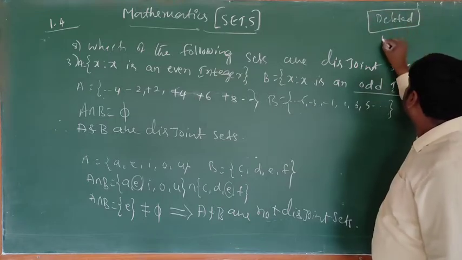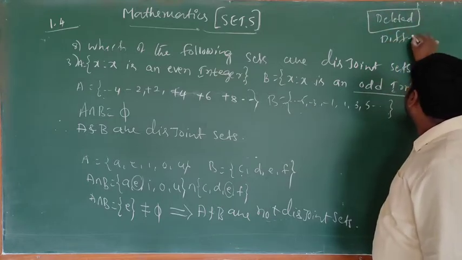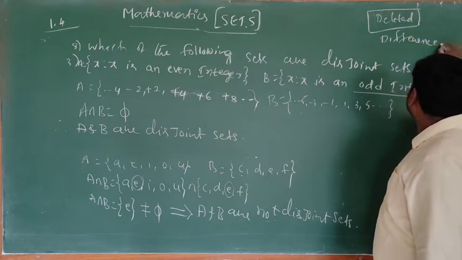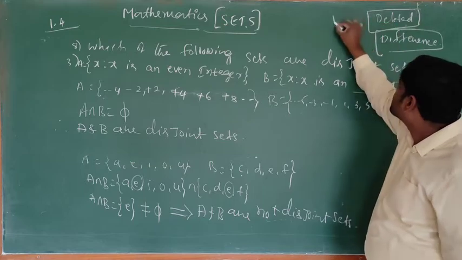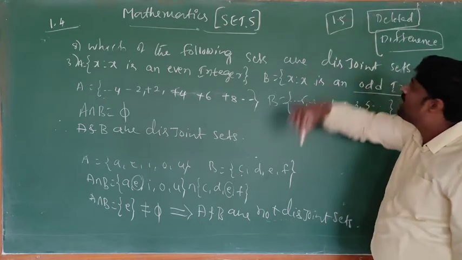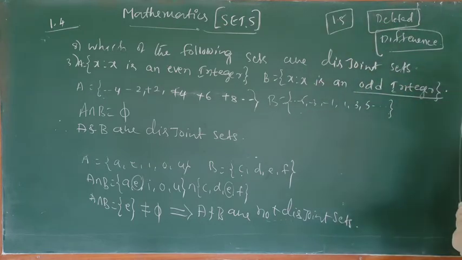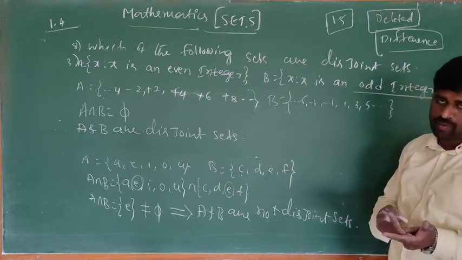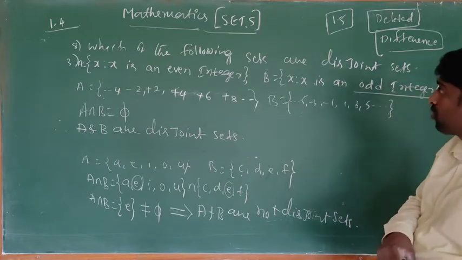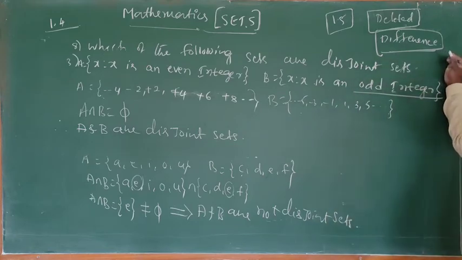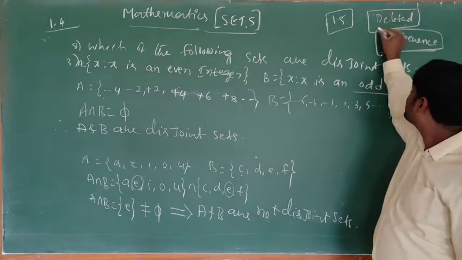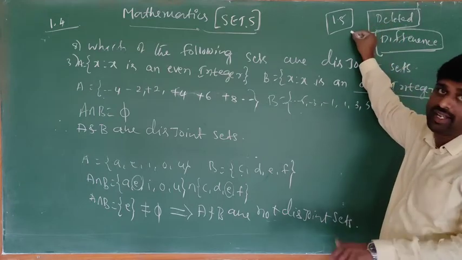In this chapter, this concept is deleted, and exercise 1.5 is also deleted. Only 1.1, 1.2, 1.3, 1.4 remain. In 1.4, difference of two sets is deleted, and exercise 1.5 is fully deleted.